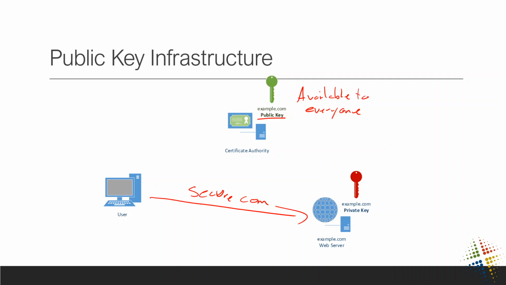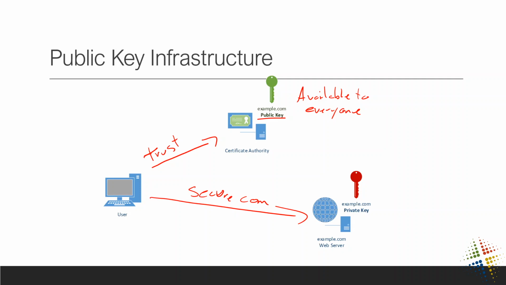However, the end user trusts this certificate authority. You probably never set this trust up. It probably came on your computer by default, but there is a trust to some certificate authorities. And because I trust the certificate authority, I therefore inherently trust everybody that they trust.